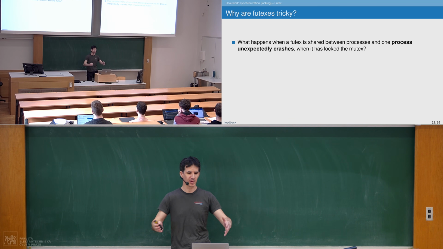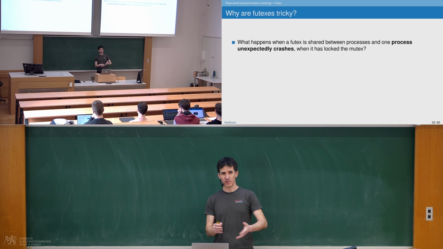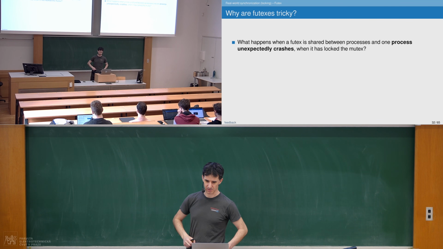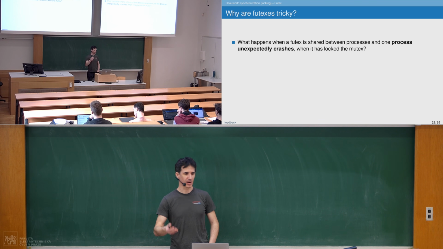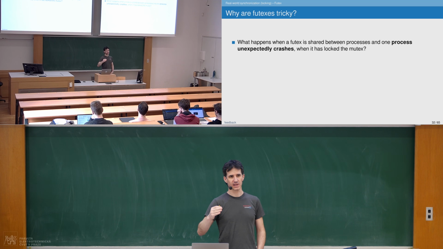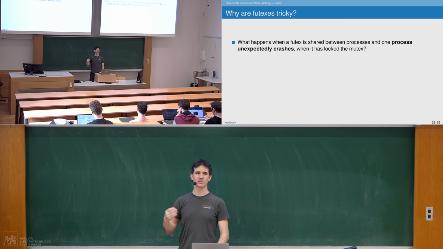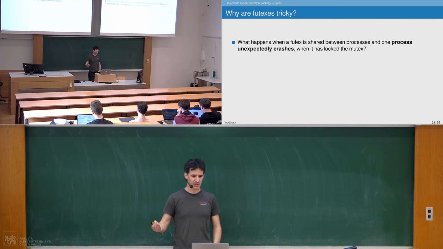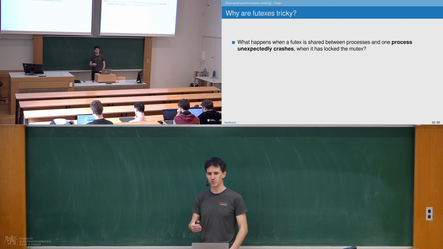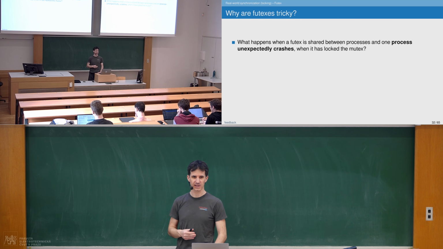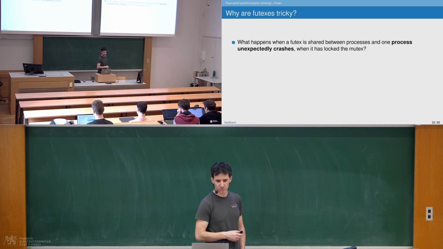You can have shared memory between multiple processes, for example if you do fork, or if you just explicitly share the memory, there can be futexes. And the problem is if one process locks the futex without calling into the kernel, because that's the key principle, and then the process crashes, the futex remains locked forever, because the one who should be responsible for unlocking it has already crashed and cannot unlock it. So it would lead to a deadlock.